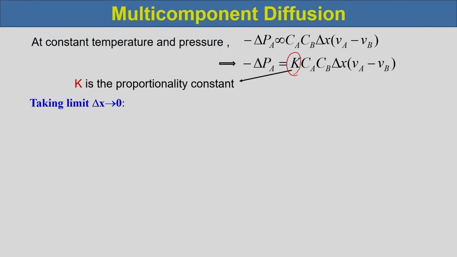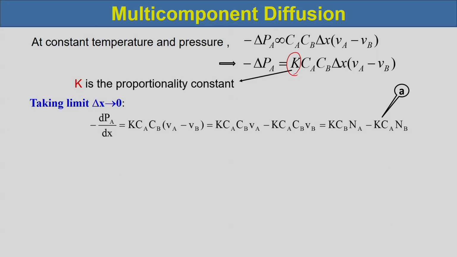Now, if we take the limit delta x tends to 0, we can write minus dPa/dx would be equal to k into Ca Cb into Va minus Vb. Now, if we multiply k Ca Cb with Va and with Vb, we can write k Ca Cb into Va minus k into Ca into Cb into Vb.